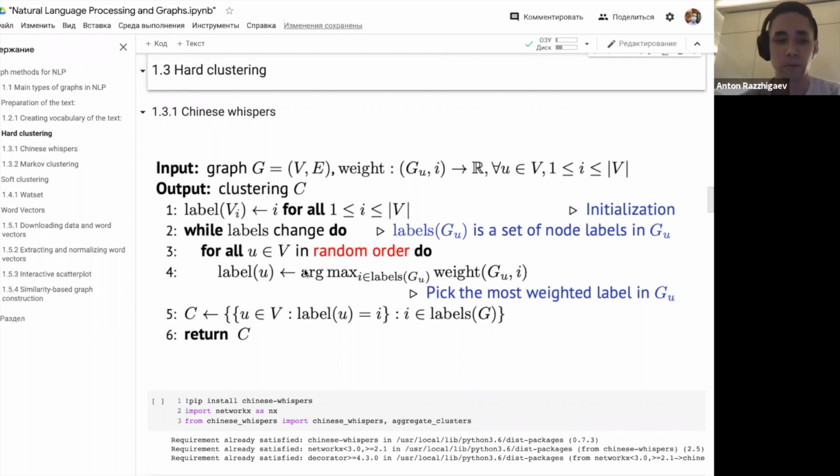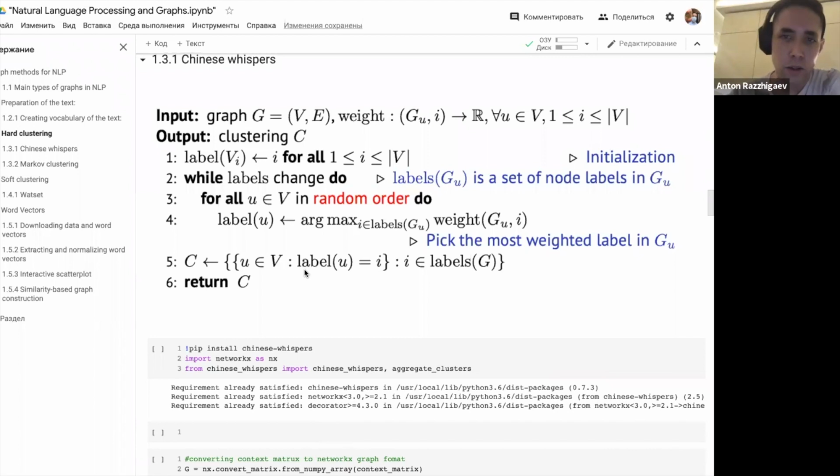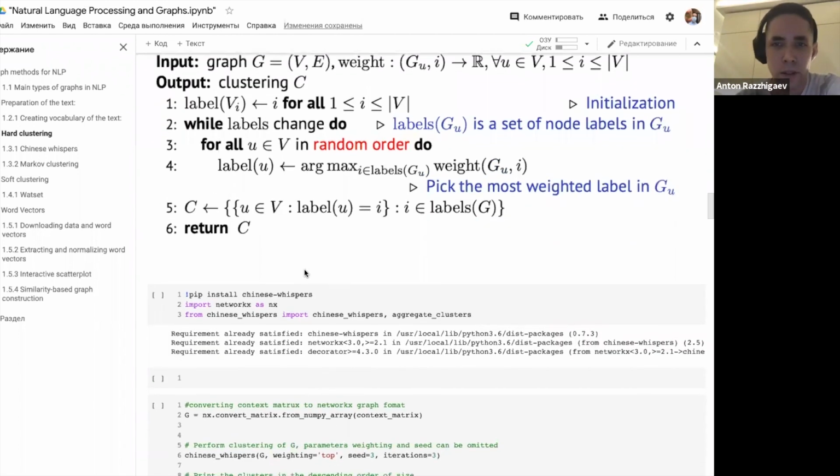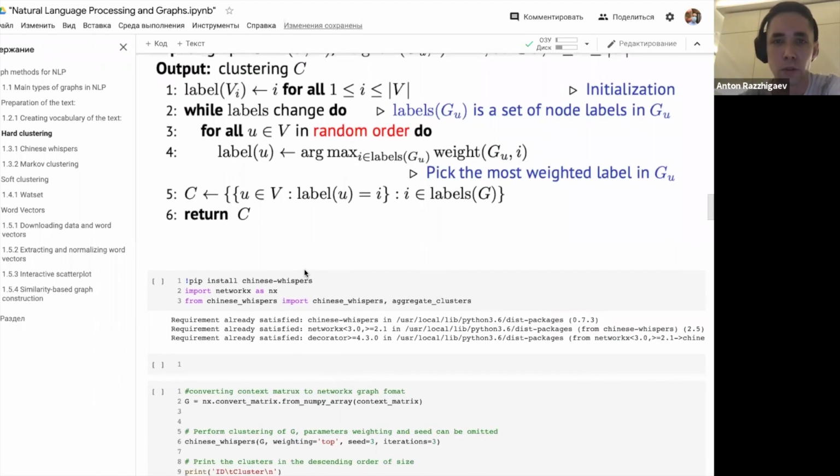And the main advantage of this algorithm is that we don't need to know the number of clusters we want to achieve. This algorithm will converge to the most appropriate number of clusters it thinks. Also, it's quite fast and works well for very large graphs.